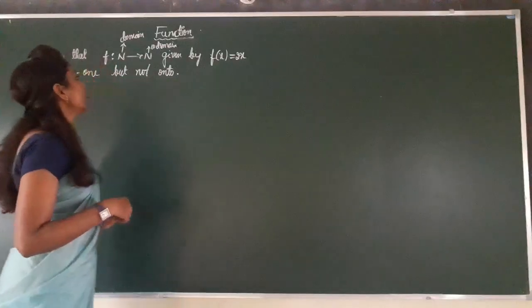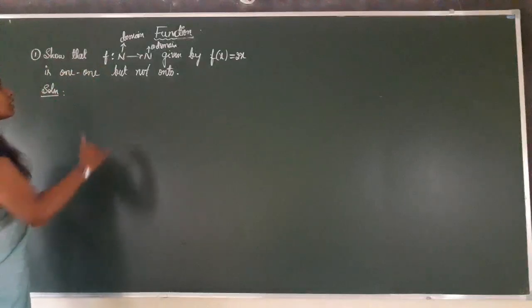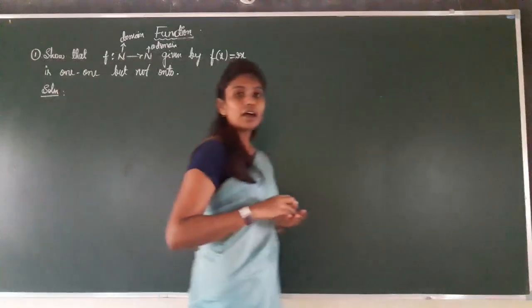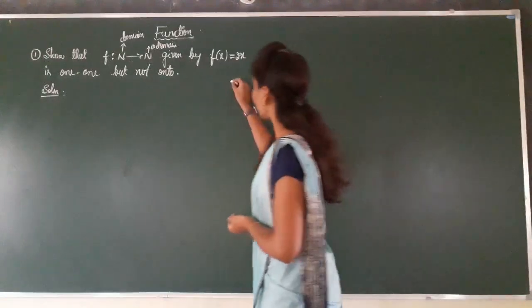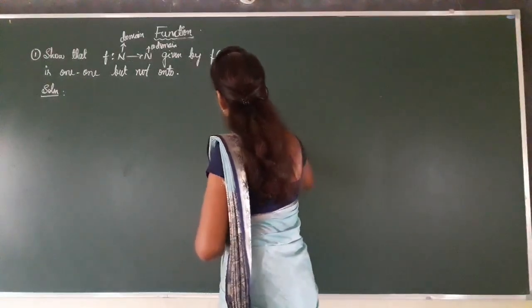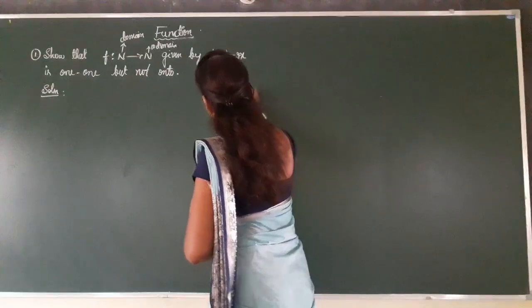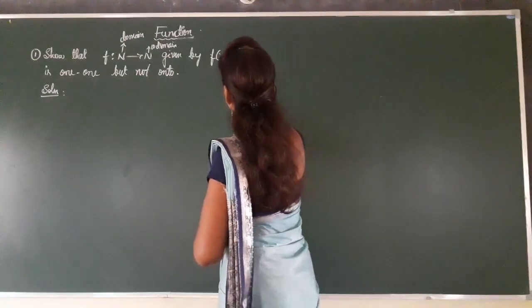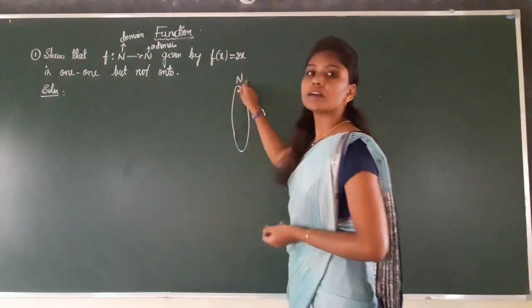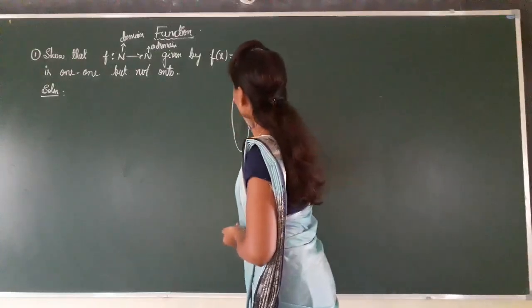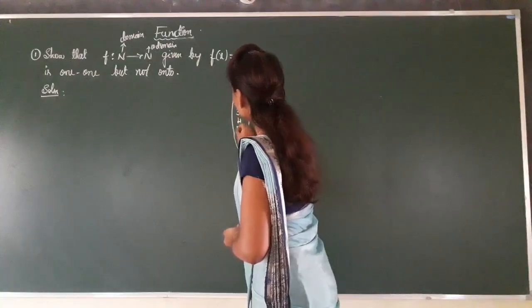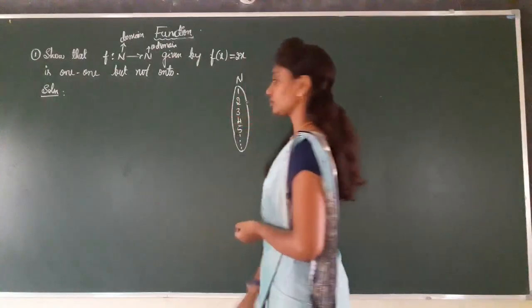Okay, for this problem, I will take an arrow diagram. The function is f from natural numbers to natural numbers. This is the set of all natural numbers, that is, 1, 2, 3, 4, 5 and so on.